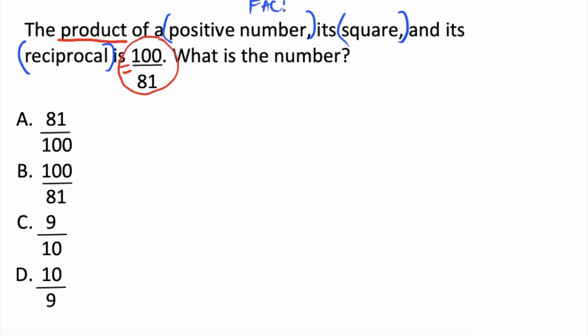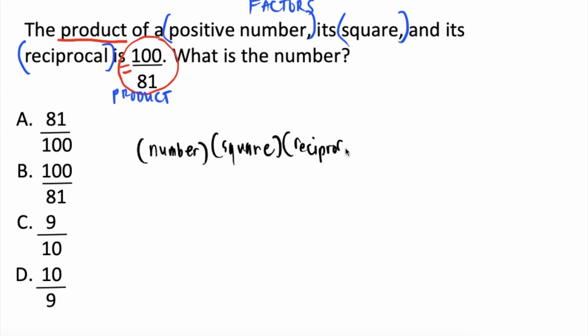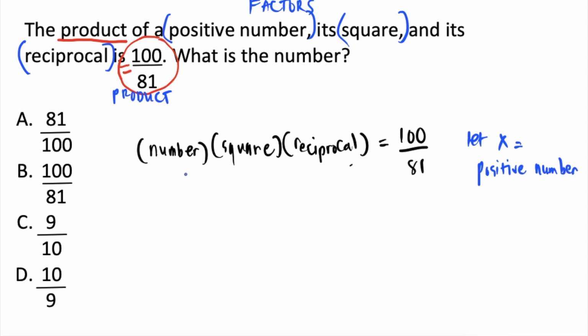So, para mas madaling intindihin at tingnan, gawin natin siyang in equation form. So, we have the number times its square times its reciprocal is equal to 100 over 81. Let's assign x as the positive number na hinahanap natin. So, here, we will have x times x squared times 1 over x.